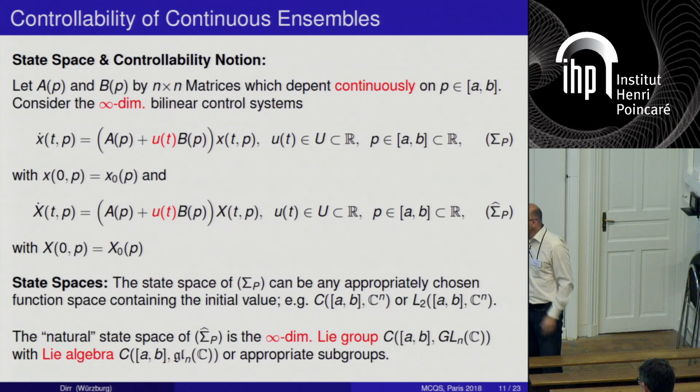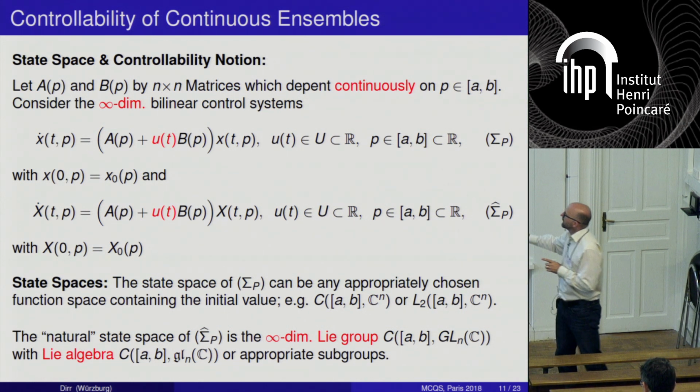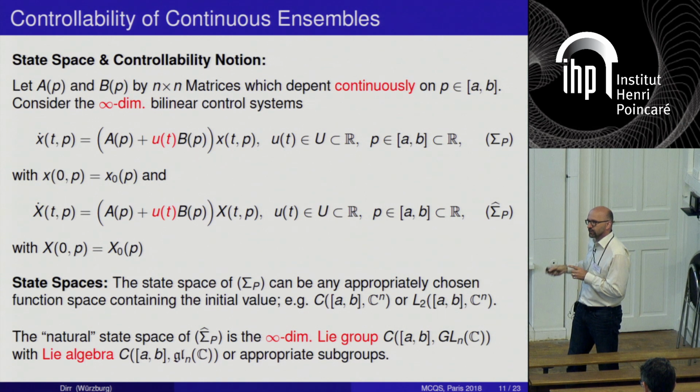So certainly, if all of the matrices belong to SUN, you would restrict this construction to the group SUN and to the Lie algebra SUN. So you can certainly restrict these constructions to subalgebras.